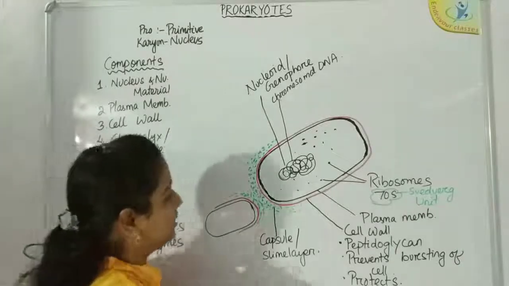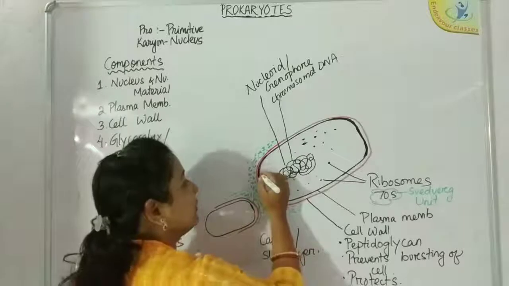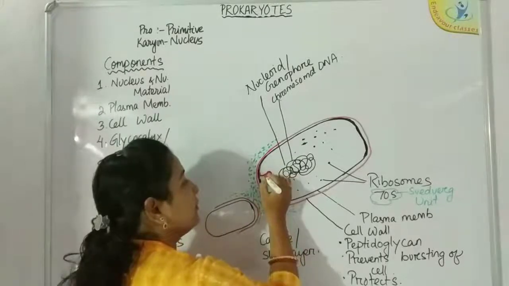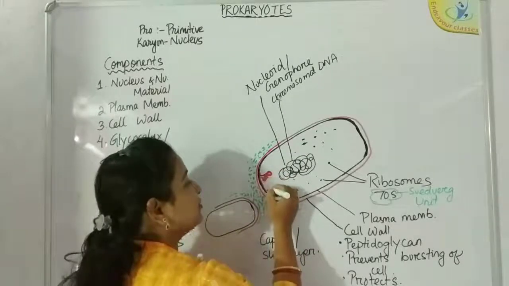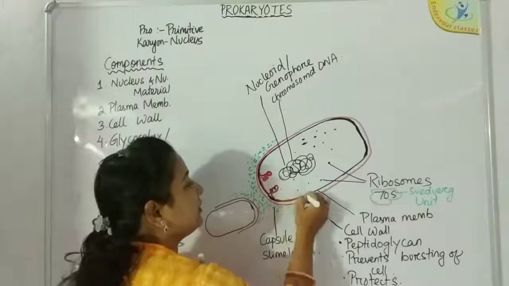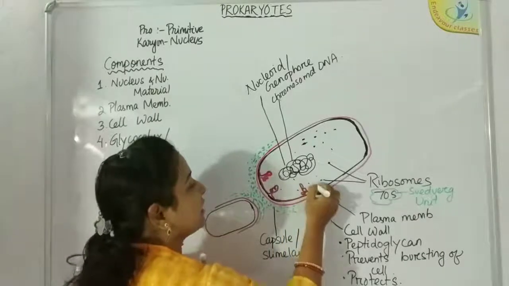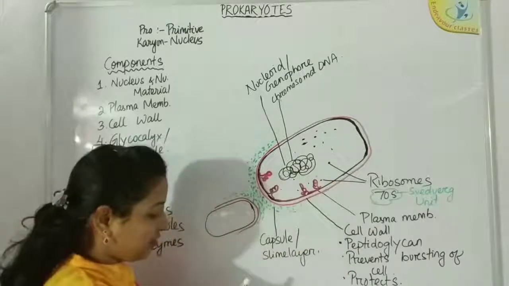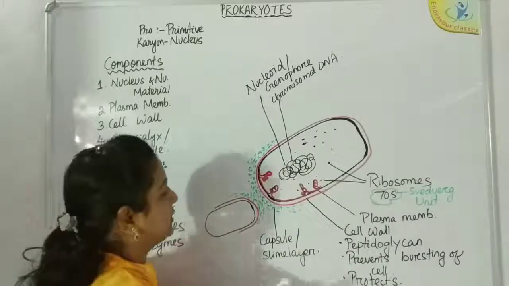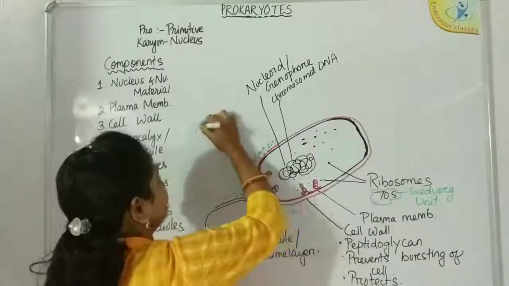Next, there are the infoldings of the plasma membrane, which are called mesosomes.